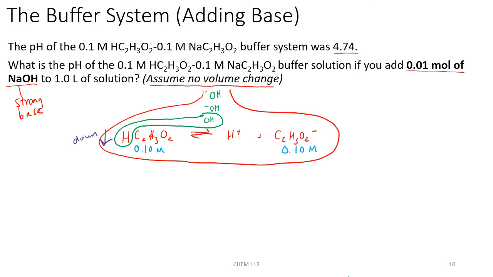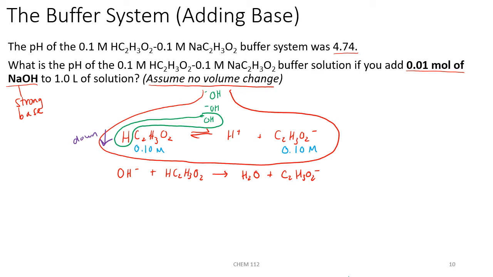And the reaction occurring there would be hydroxide ion plus acetic acid, HC2H3O2, forming H2O plus C2H3O2 minus. So this is just that side reaction that's occurring when we add some drops of hydroxide or a strong base in.